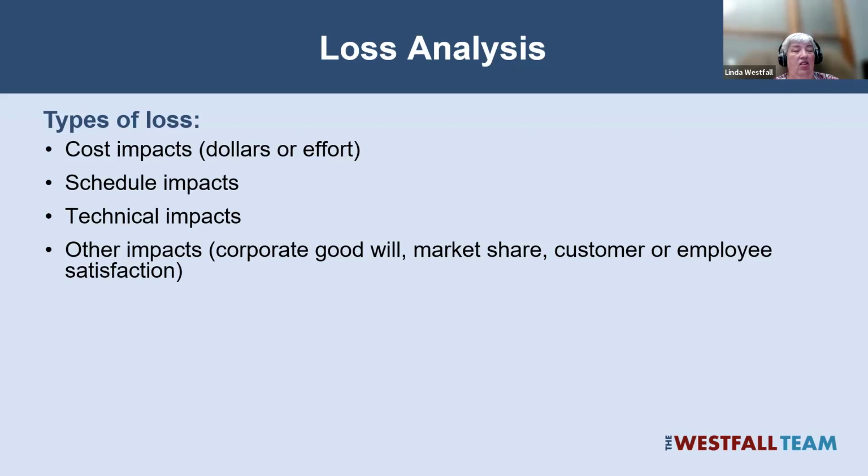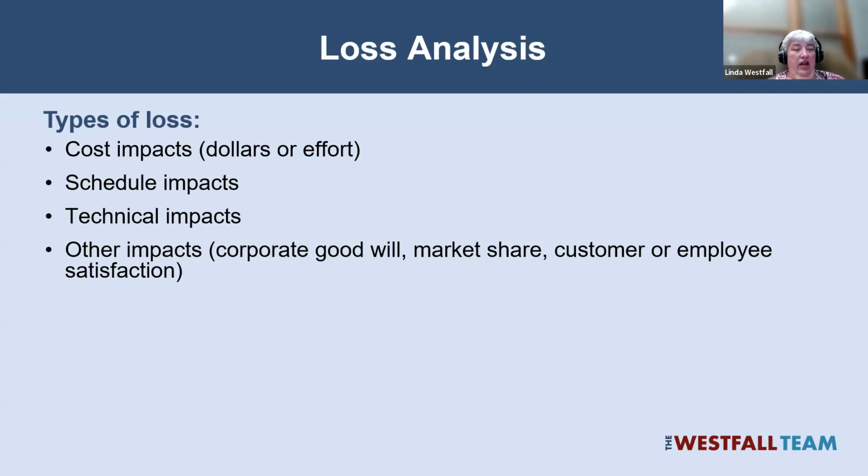There may be technical impacts. I'm used to working with software. So to mitigate a safety risk, there may be technical impacts like we have to do more verification and validation, which is going to take more time. Or there may be trade-offs between security and accessibility of our software.